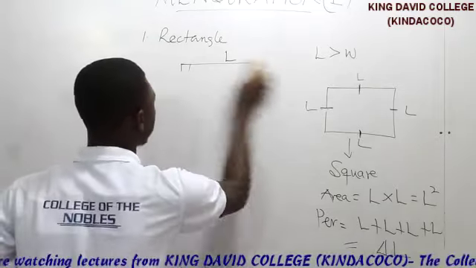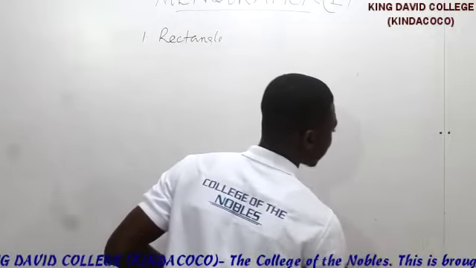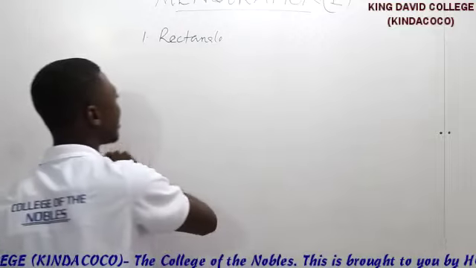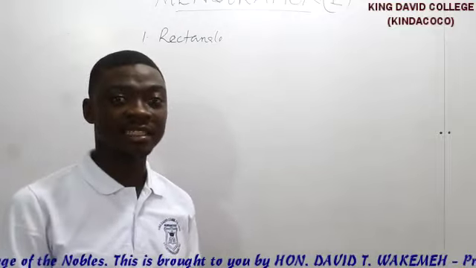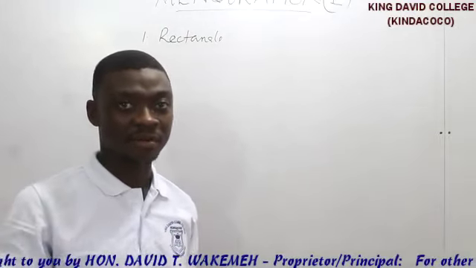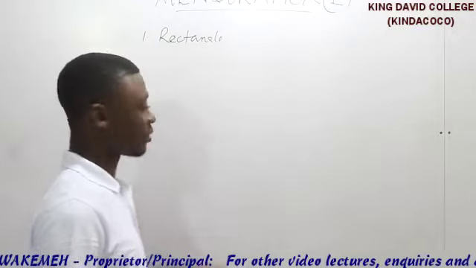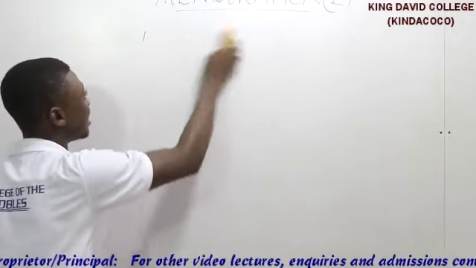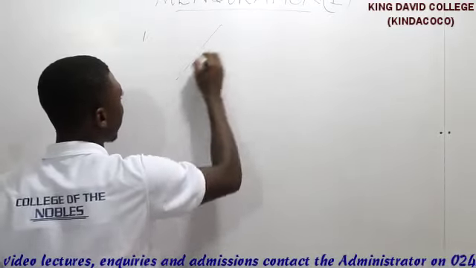Okay. Let's go to the next shape, which is what? A triangle. You know, we have 3 types of triangle: isosceles, scalene, and then right angle triangle. Okay. So if you have a right angle triangle, half times this. But if you have the general triangle, let me just draw the generalized triangle like this.